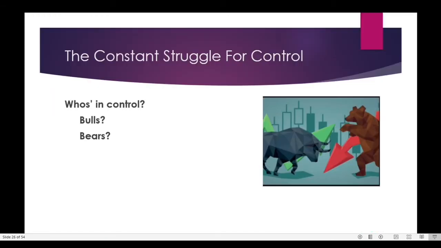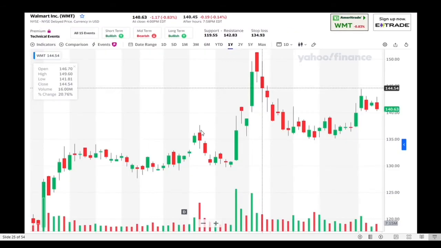All right. Now, when you take a look at a stock chart, you can see that these bulls and bears are in a constant struggle. So when we see a green candle, the bulls were in control.